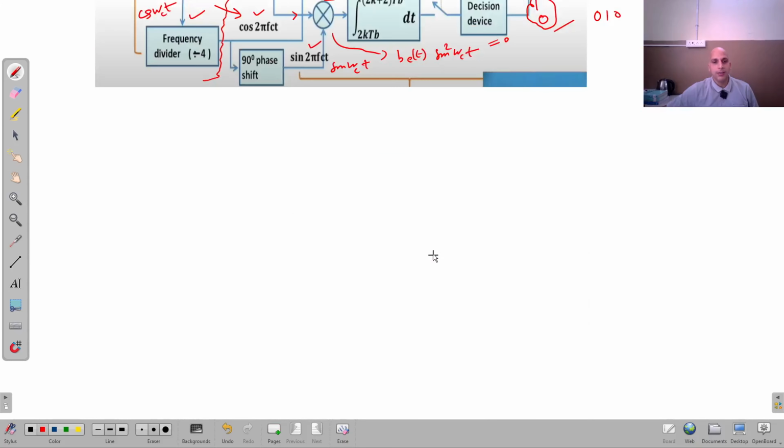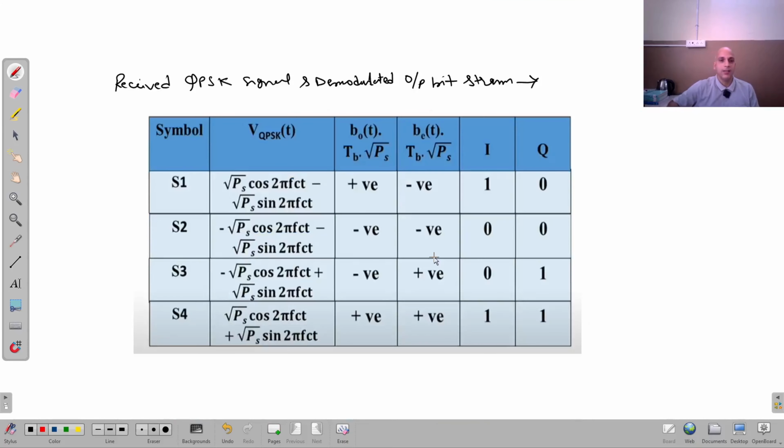So I can show you a table here that shows the received QPSK signal and the demodulated output bit stream. So you can see if B odd is positive, then it is 1, and if even is negative, then it is 0. Similarly, if both are negative, then the bit stream is 0 0.